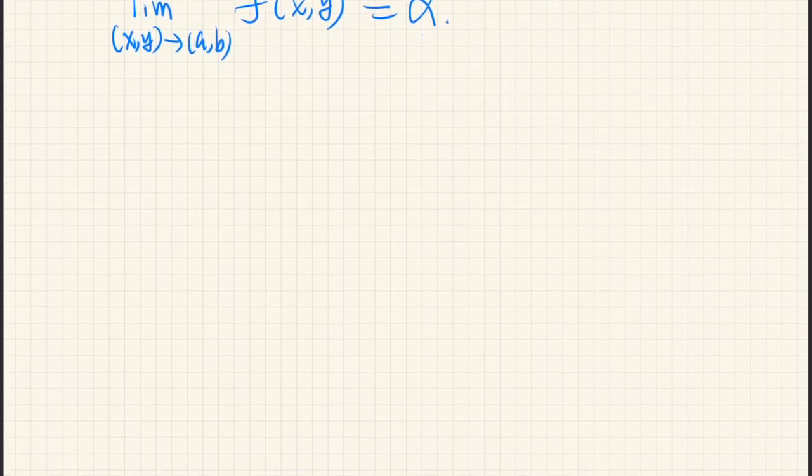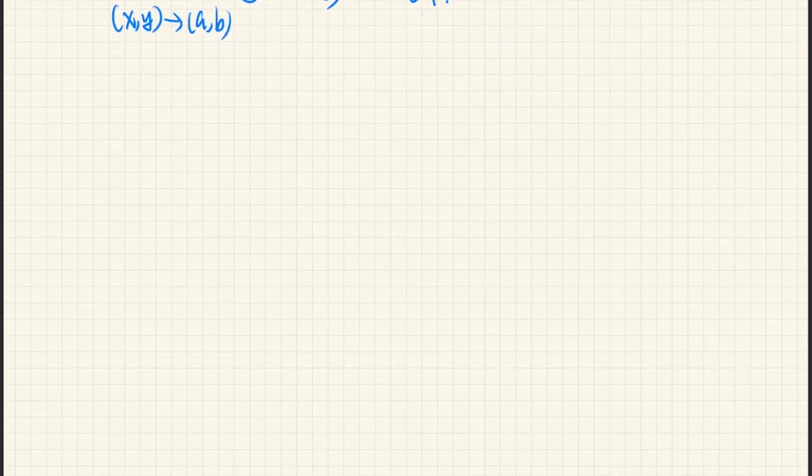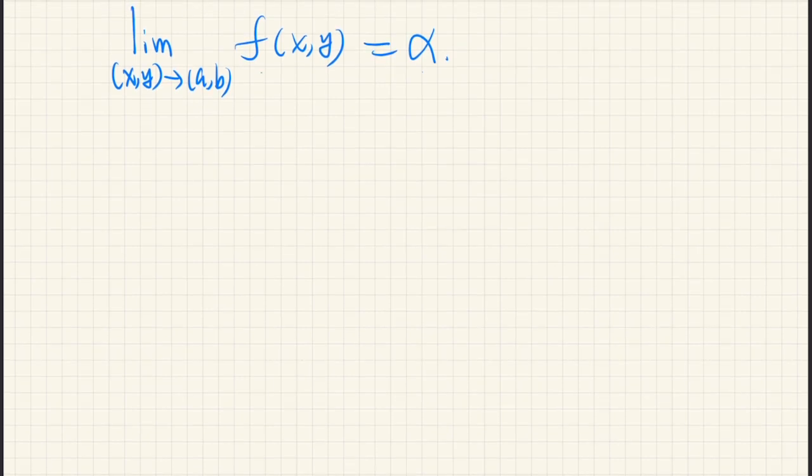Okay, so let's formalize this. So we say f of (x, y) converges to alpha as (x, y) approaches (a, b) if the following holds.